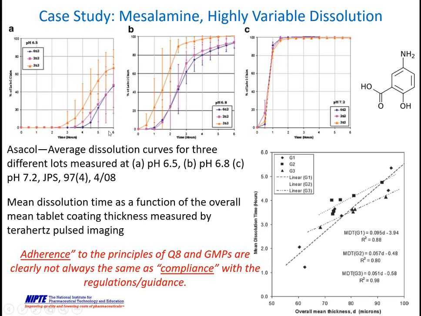And what they found was that no surprise that as a function of pH, there were pHs where it was instantaneous, but as you went to more discriminating pHs, you saw very large differences.